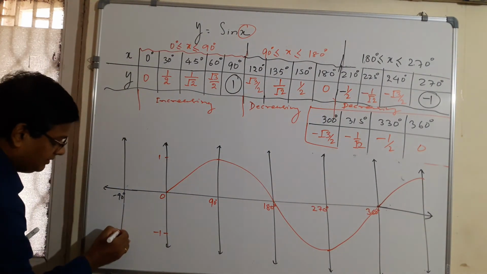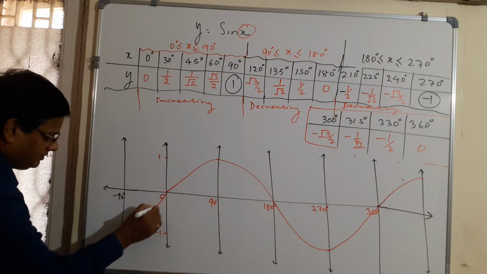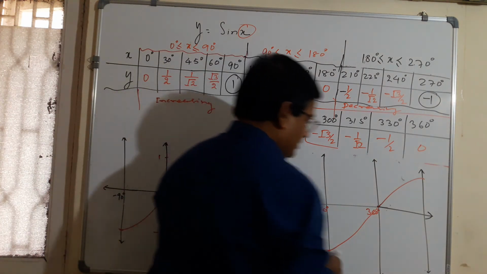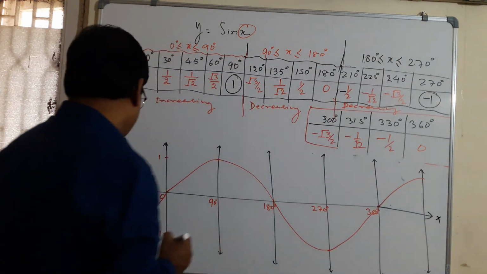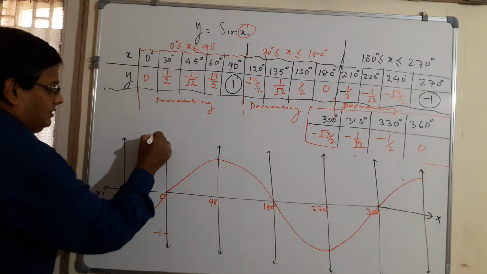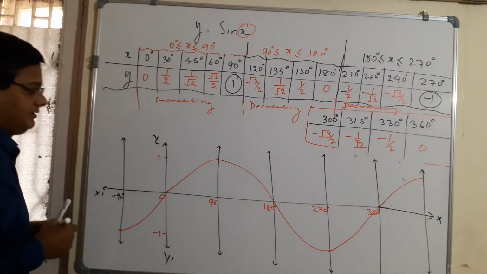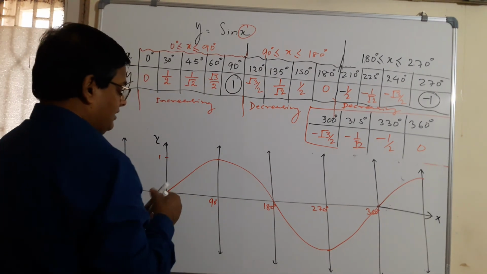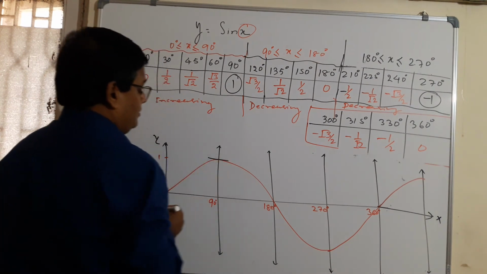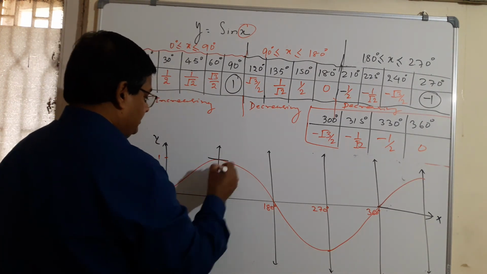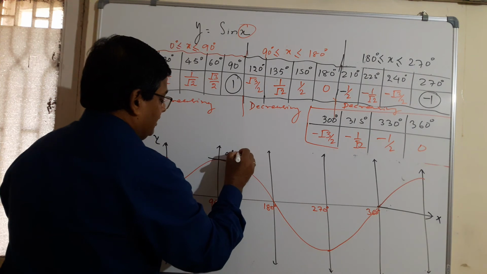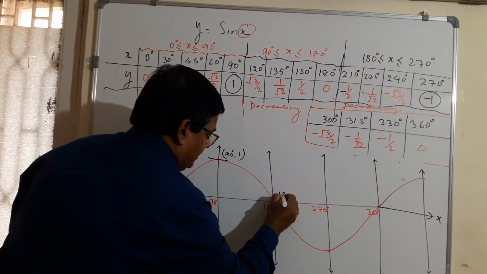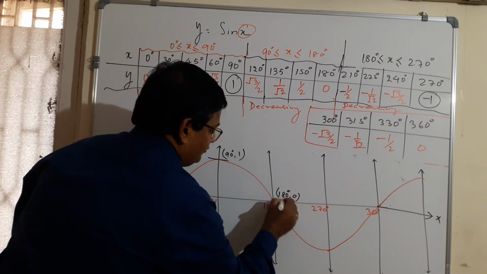And here the minus 1. So this is x, this side is x dash, here y, here y dash, and you can write the values here. So at 90 degree, the value is 1. At 180 degree, 0.